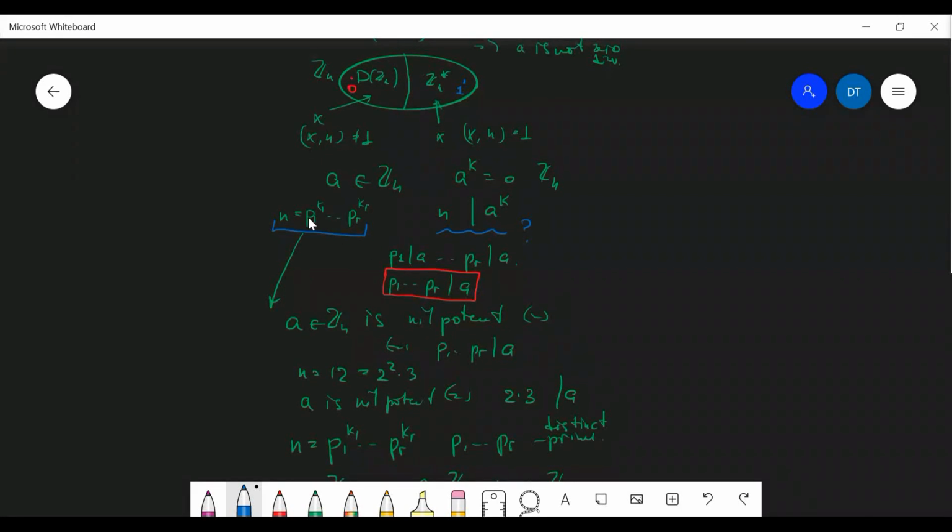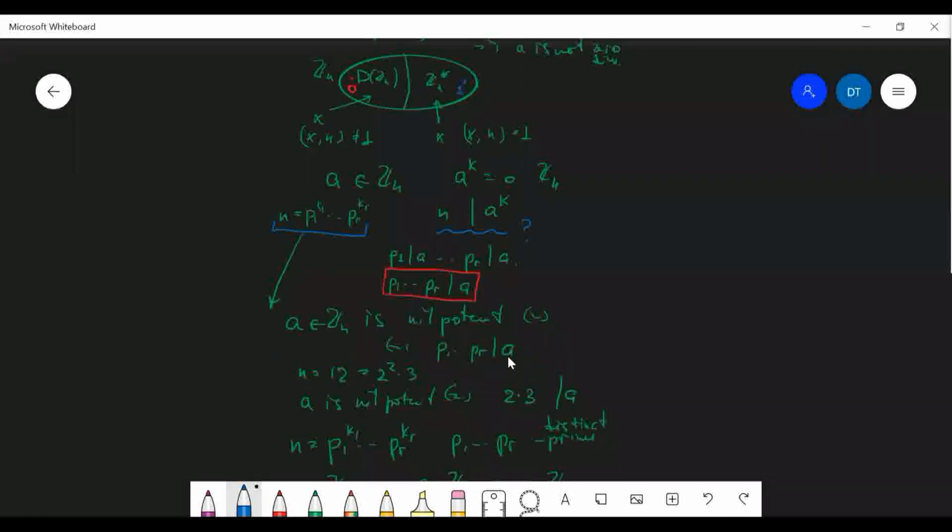Suppose that, let's say, P1 doesn't divide A. Then P1 as a prime factor is not present in A. So when you start raising A to a power, P1 will never appear as a factor of a power of A. So A will never be divisible by P1 in any power, and A to the power of K will never be divisible by n.